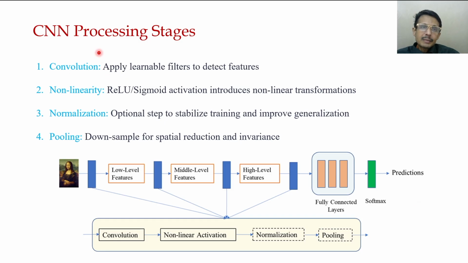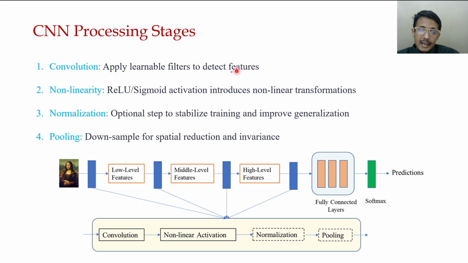So we summarize the CNN, or convolutional neural network, by knowing mainly these four important verticals. First of all, convolution. It applies learnable filters to detect features. One important thing is that it's learnable, so the filter kernels are learned when we train our CNN.